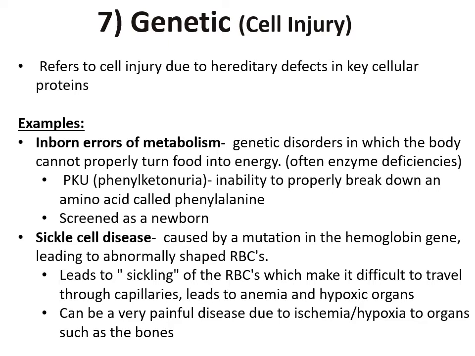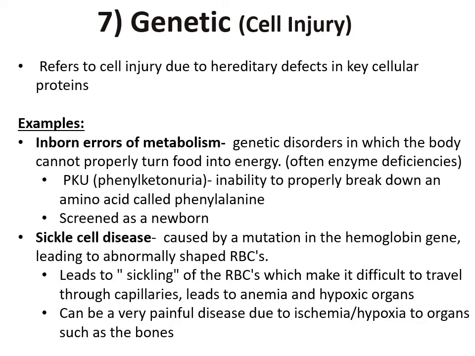So genetics leading to cellular injury. So genetics is the process of inheriting conditions from your parents, right? So, and there's many different types of genetic disorders, and we'll talk about some of these in the genetics module. But let's just use some examples of how they can cause cellular injury.